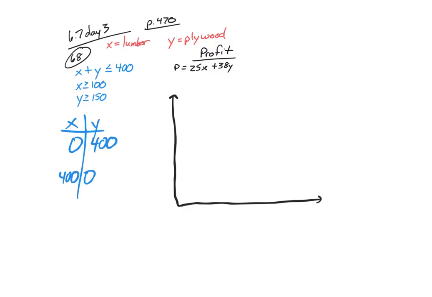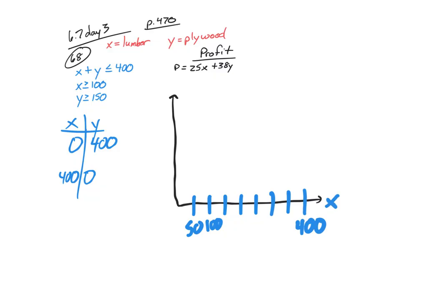So you got some options here. We know we got to go up to at least 400 on our x and y axis. You can count by hundreds. I'm probably going to count by 50s, mainly because I see this one right here is 150. So I'm going to count by 50s on both the x and y axis. So 50, 100, and we're just going to keep counting by 50s until we get up to 400.